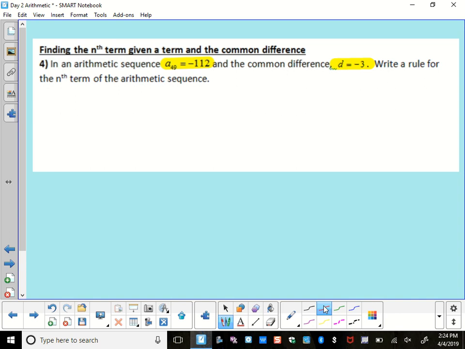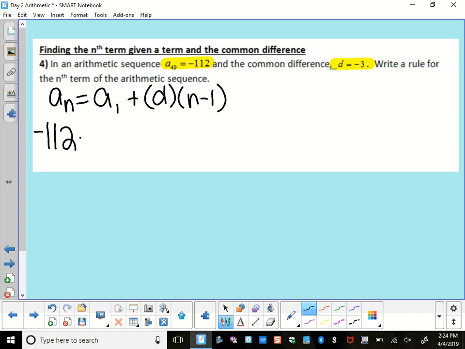Here's what we have to do. I start with my formula that we've been using. In this case, I don't know what my first term is. I have no idea, but I have to find my first term before I can even write a rule. Okay? So, my 49th term is what they gave me. So that becomes negative 112.